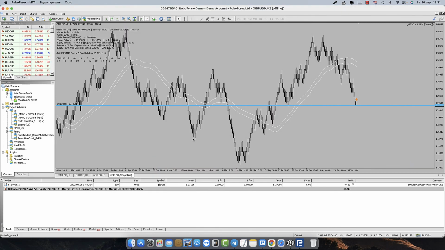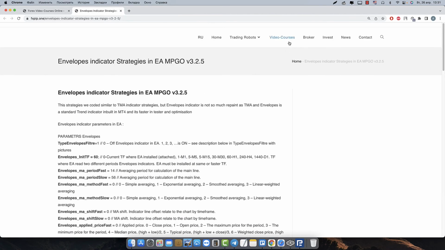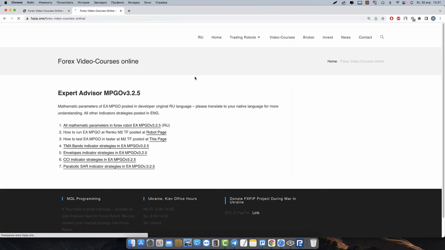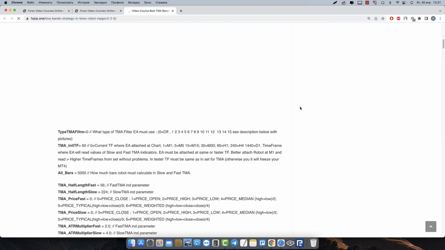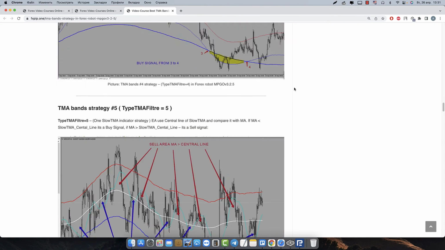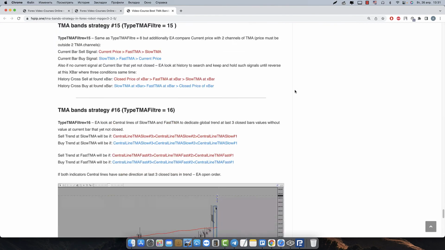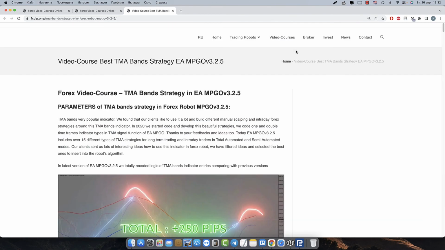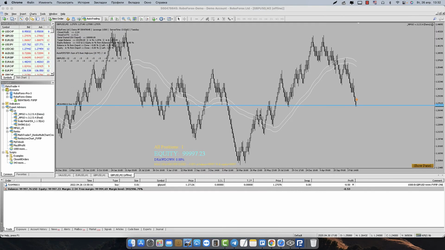But once you see it opened some wrong entries, you can activate it again and test. Even in the tester it works. So in this case you can learn step by step what we created in these courses of the robot, and you can check all the envelope strategies, pick in the set file the strategies you like the most, learn them, and you will understand how to check it.